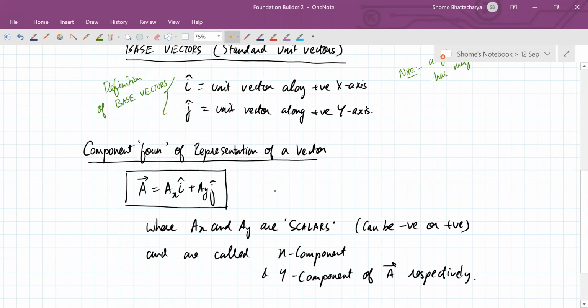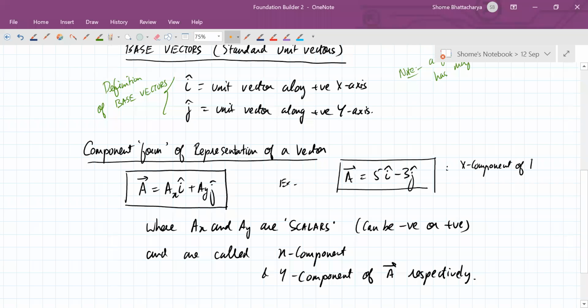Okay. So for example, we can represent a vector as 5 I cap minus 3 j cap. So for this vector, the x component of the vector A is 5, whereas the y component of the vector A is minus 3.